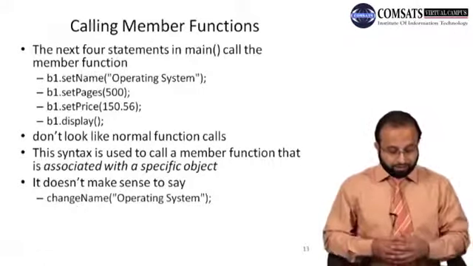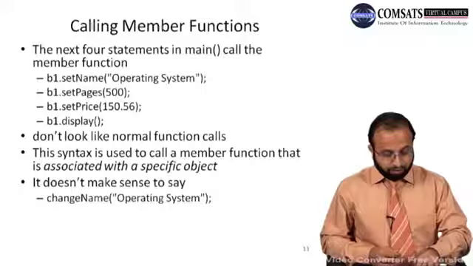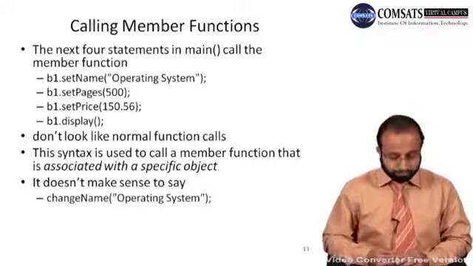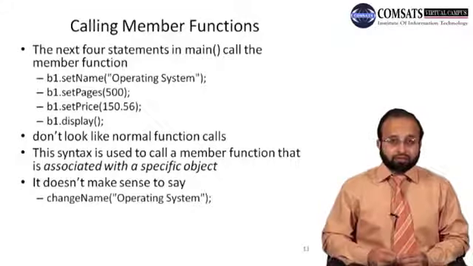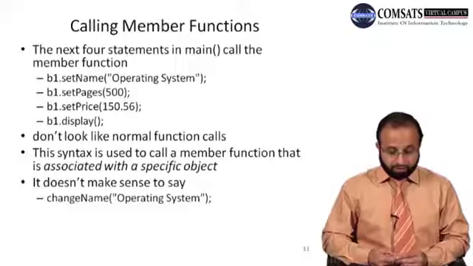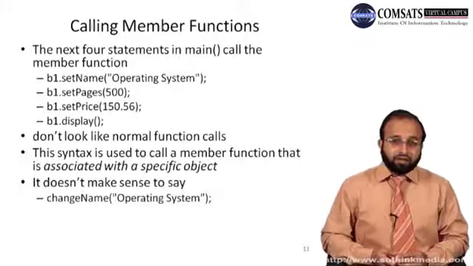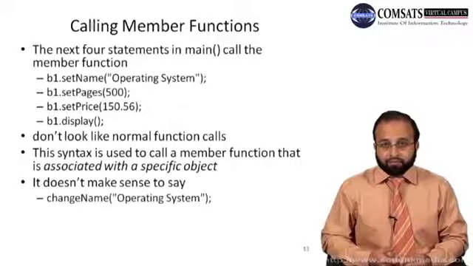Assume that this is a set name function. I'm sorry for this, there are functions like change name or set name; this is actually set name. So if I call this function set name without an object, then this string operating system would be assigned to the private data member name of which object?